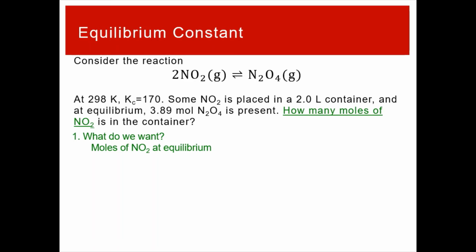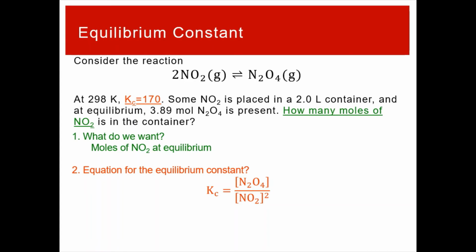What do we want? I want moles of NO2 at equilibrium. So if I want to get an amount at equilibrium, it's going to come from the equilibrium constant. And we know that the equilibrium constant equation is based on the reaction. My N2O4 is a product. It shows up on the top of the fraction. NO2 is a reactant.